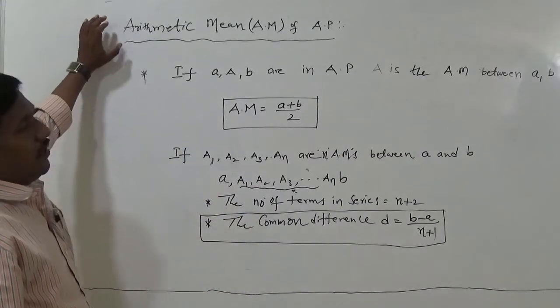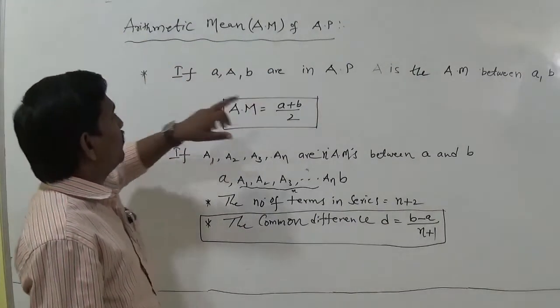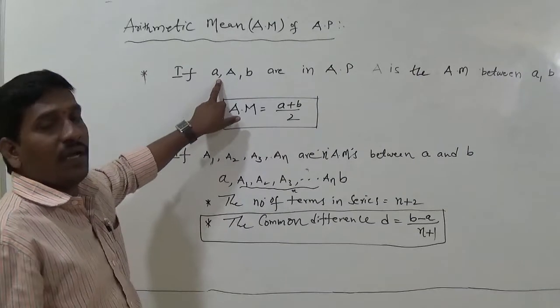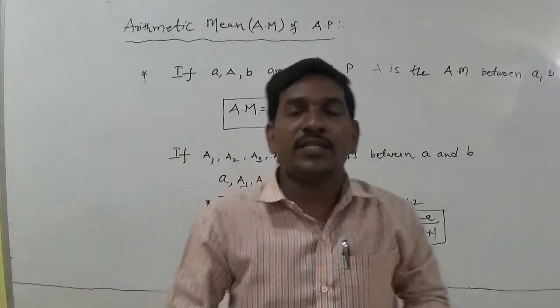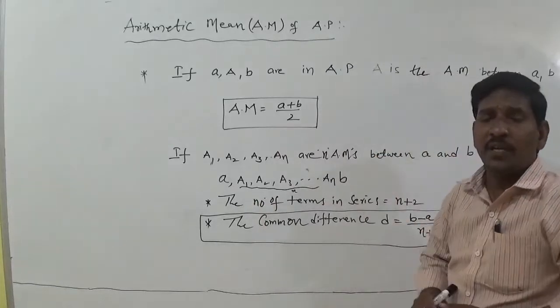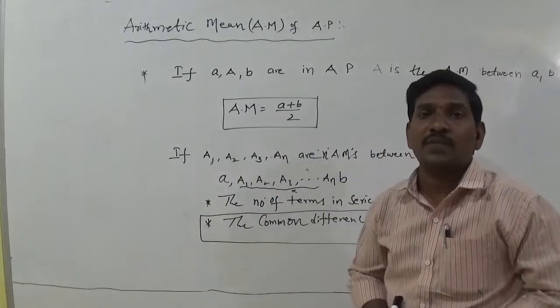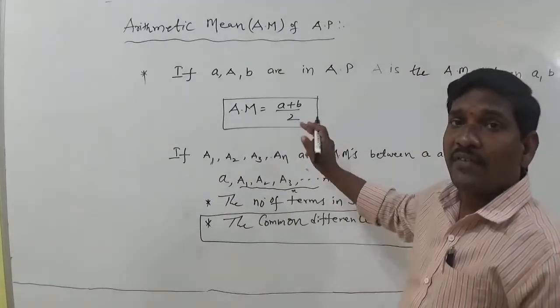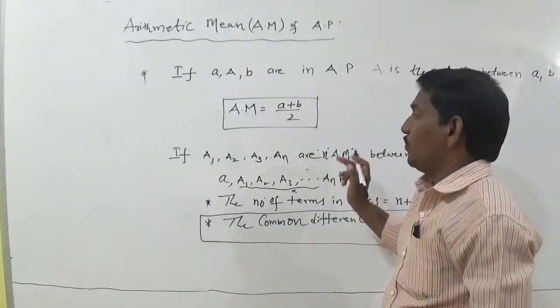Okay, let us discuss once again the arithmetic mean, AM. If a, b are in AP, the arithmetic mean AM equals (a plus b) by 2, that is the average of a and b.